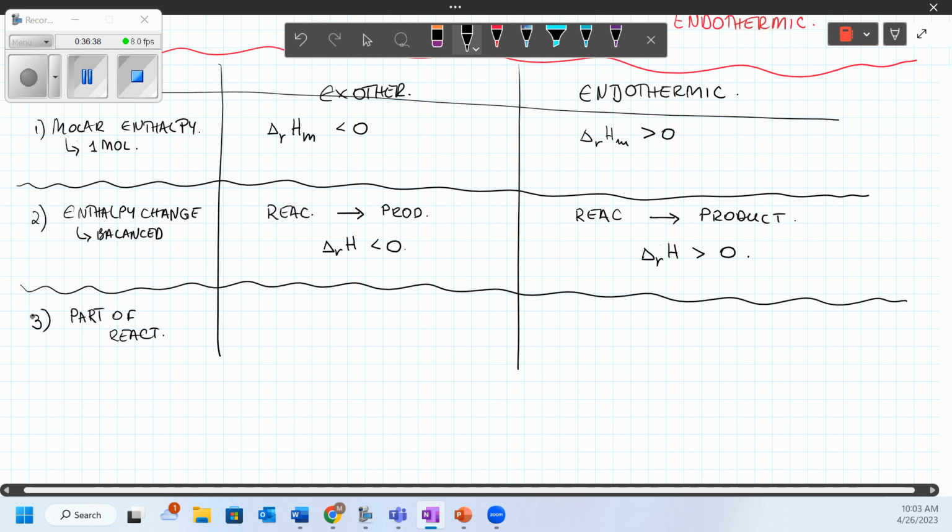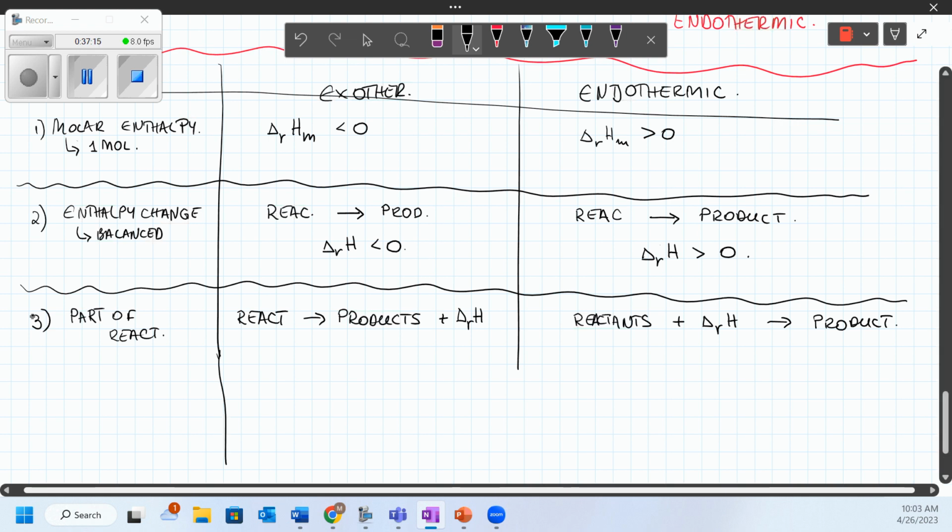Here, in an exothermic reaction, again, we don't use the negative sign in any of them, but we express it as reactants and products plus enthalpy change. And then for endothermic, we have reactants plus the enthalpy change, and then products.